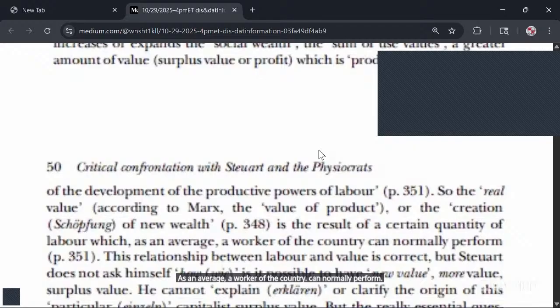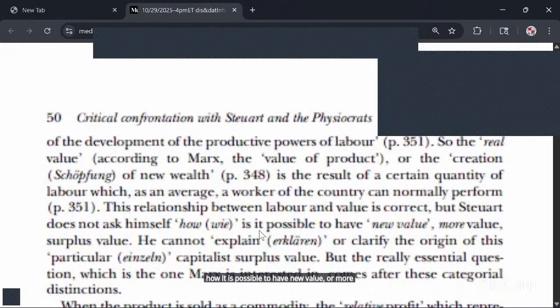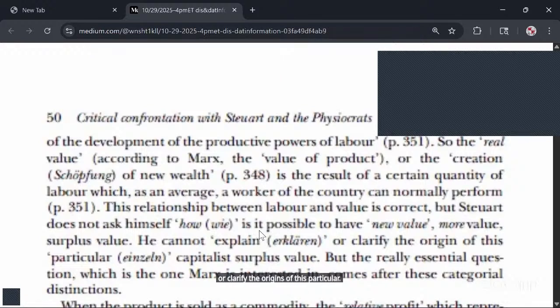This relationship between labor and value is correct, but Stuart does not ask himself how it is possible to have new value or more value, that is, value in excess, surplus value. He cannot explain or clarify the origins of this particular capitalist surplus value. But the really essential question, which is the one Marx is interested in, comes after these categorical distinctions.